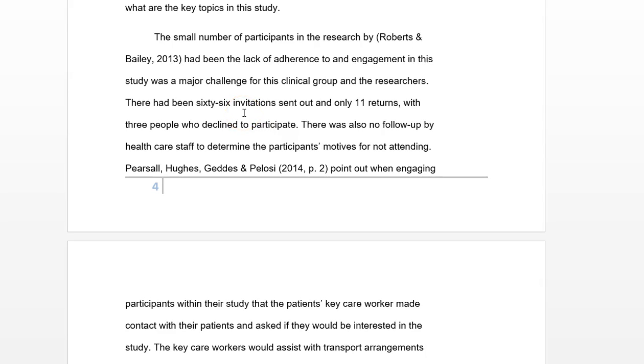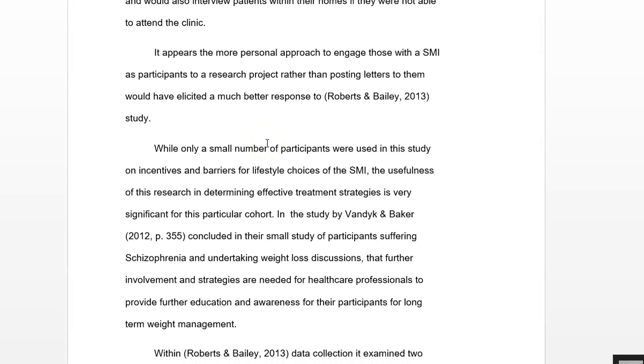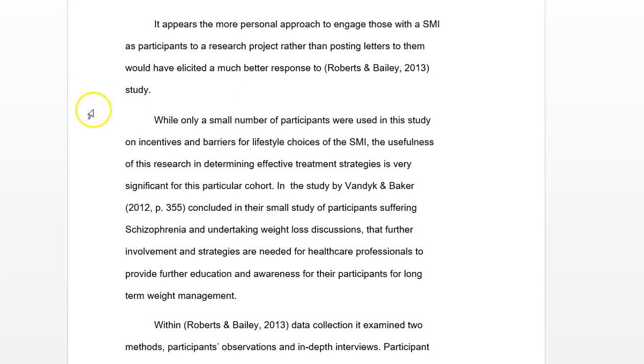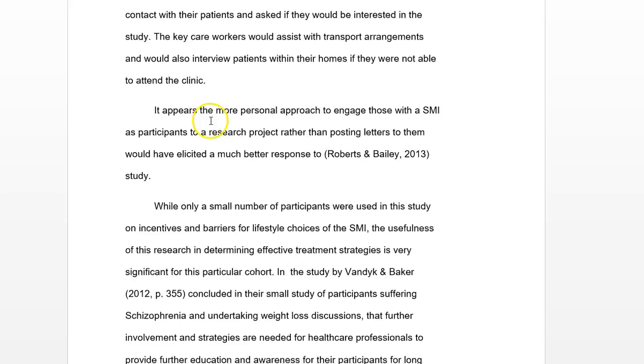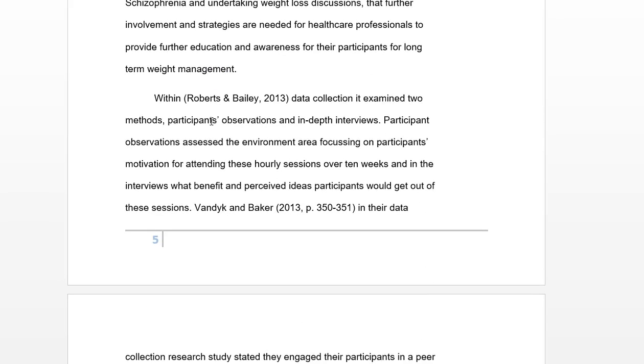That's a comment, and we're going to talk about that through the session. As we go down, again, they're talking about the participants, and given that we're all talking about participants in these paragraphs, they could be joined together.